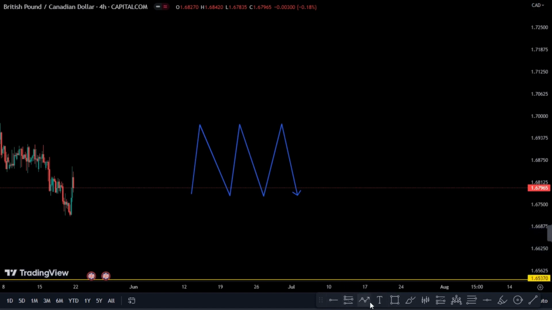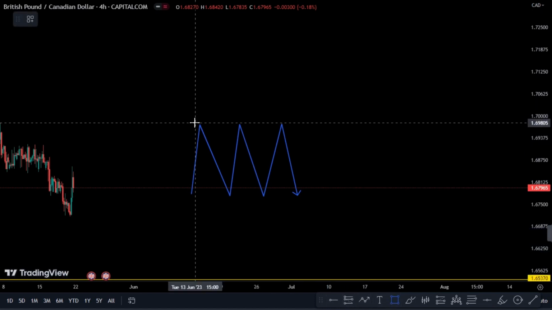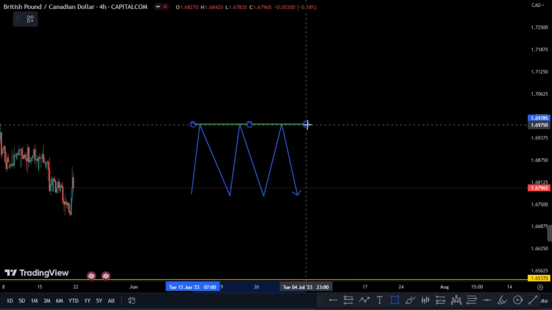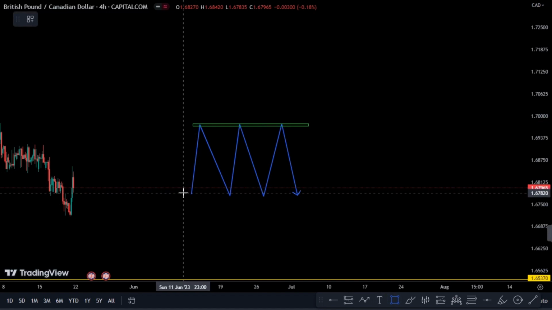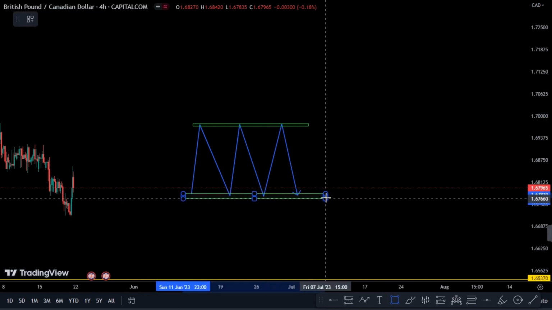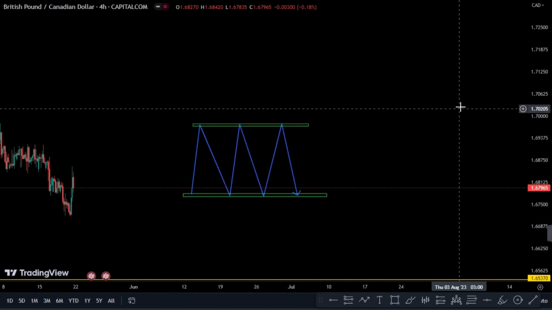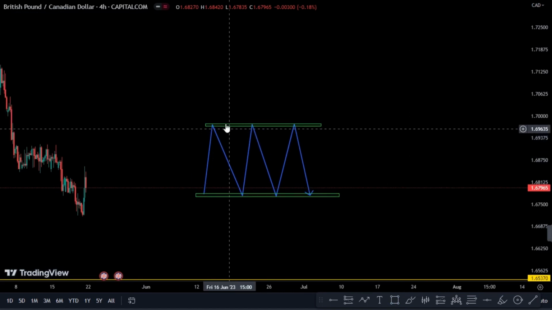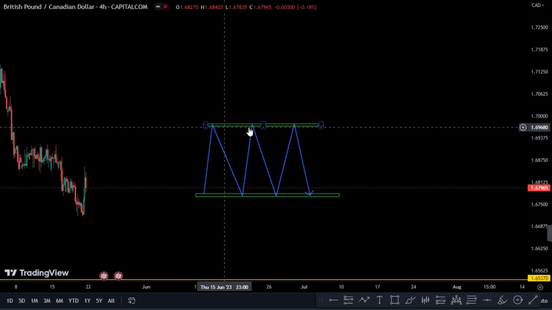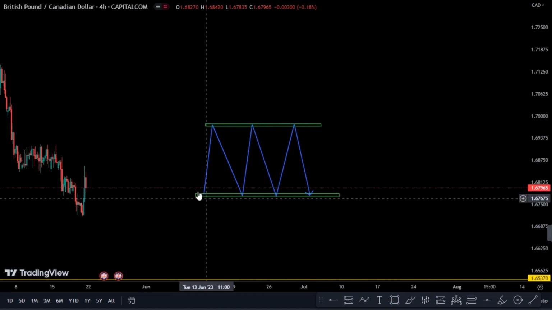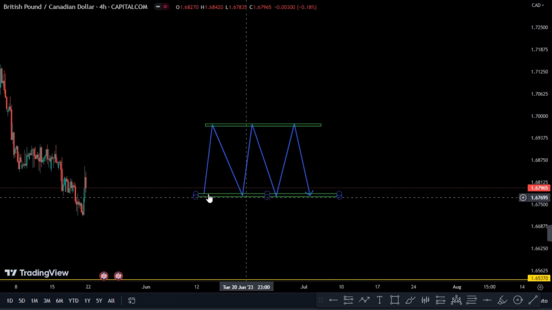Okay, so as you can see here, we would have our resistance level here, and we'll have our support structure here at the bottom. So number one, you want to see a minimum of 2 touches here. Once you see a minimum of 2 touches, you draw in your zone, and then you also draw in your zone at the bottom.